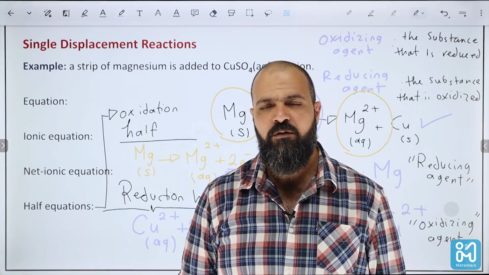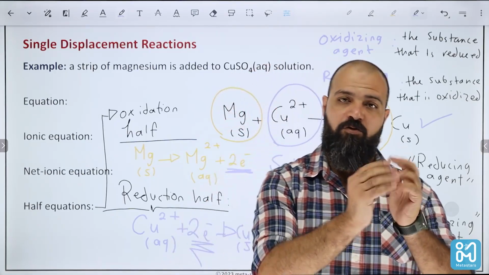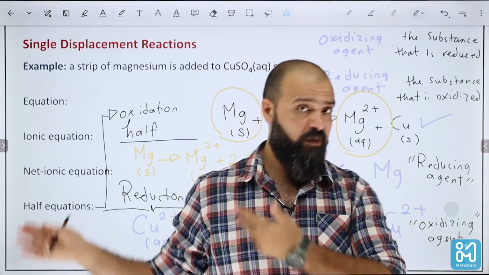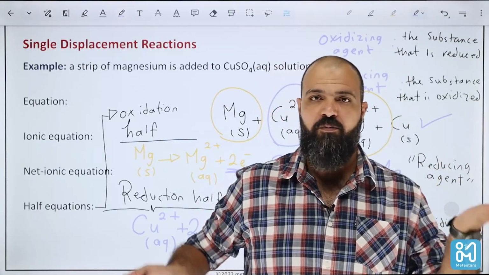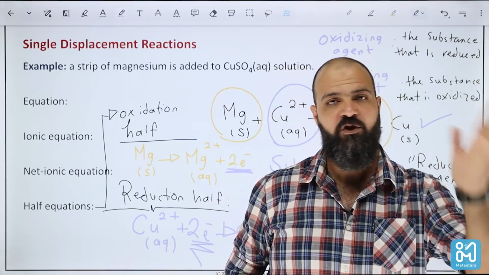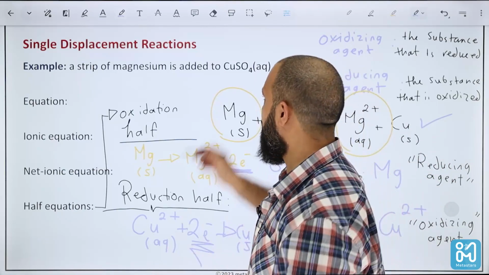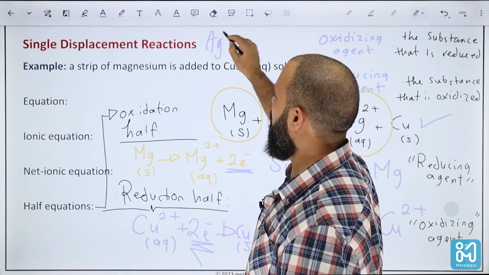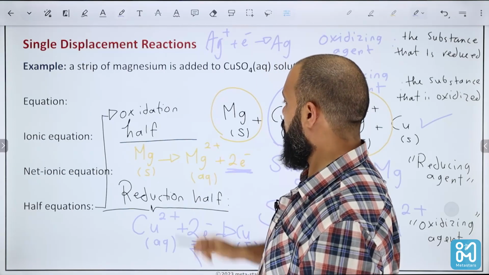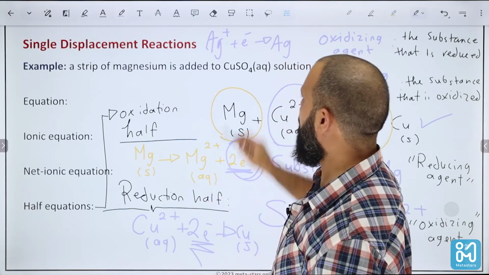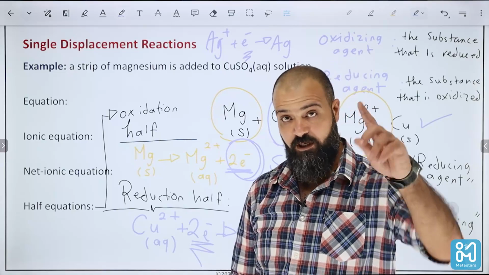What do I mean? If the substance oxidized, magnesium, loses 2 electrons, but the substance reduced was not copper ions, let's say it was silver ions, Ag+ plus an electron to produce Ag. Here I have 2 electrons and here I have only 1. So I have to balance.